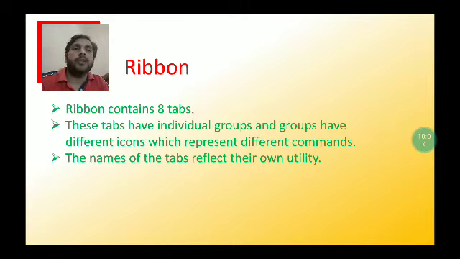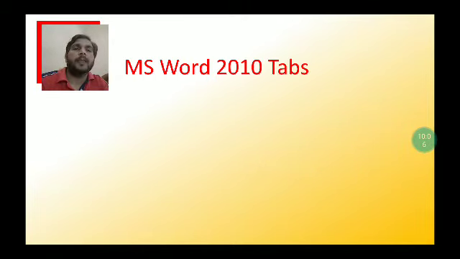The next component is MS Word 2010 tabs. As we are discussing the components of MS Word 2010, there are different kinds of components, in which there is a tab, and on the tab of MS Word 2010 different kinds of options are available.